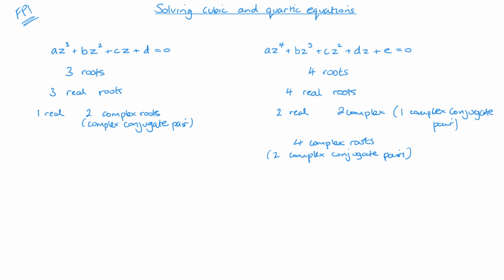And with the quartic, we would expect to see either two real and then one complex conjugate pair, or two complex conjugate pairs, and that's what we're likely to see.